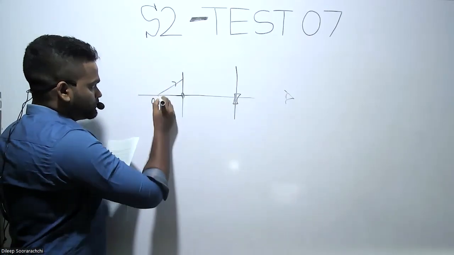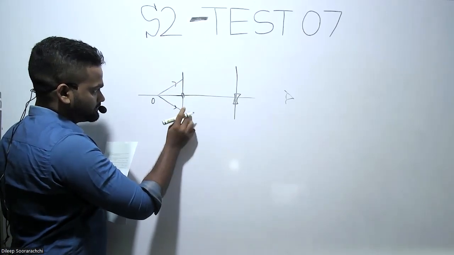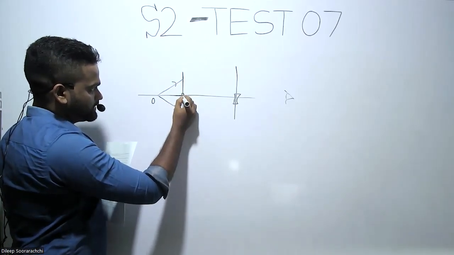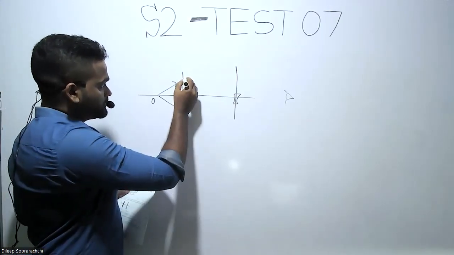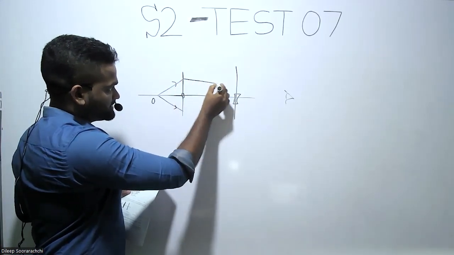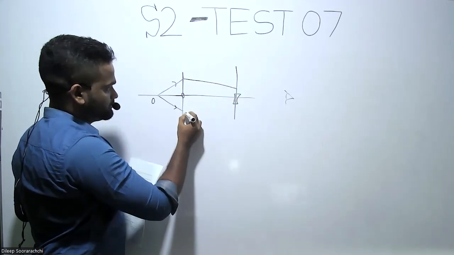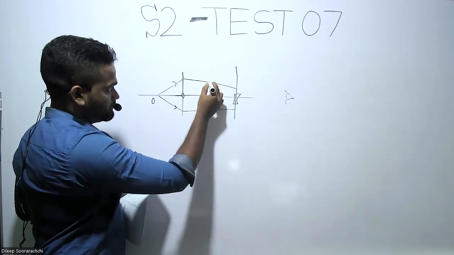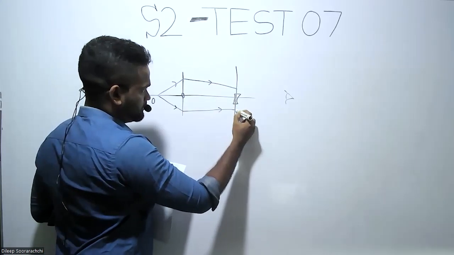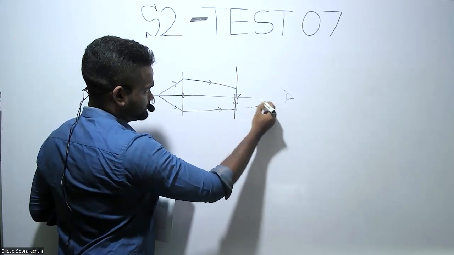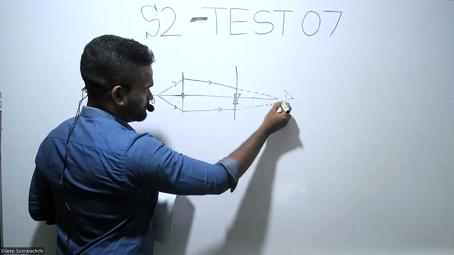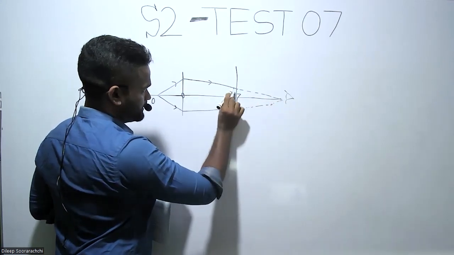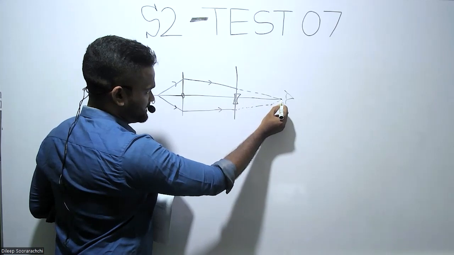So you can draw two rays like this, that is incident on the convex lens. Those rays form an image here. So you just have to extend this ray, so it forms an image here.